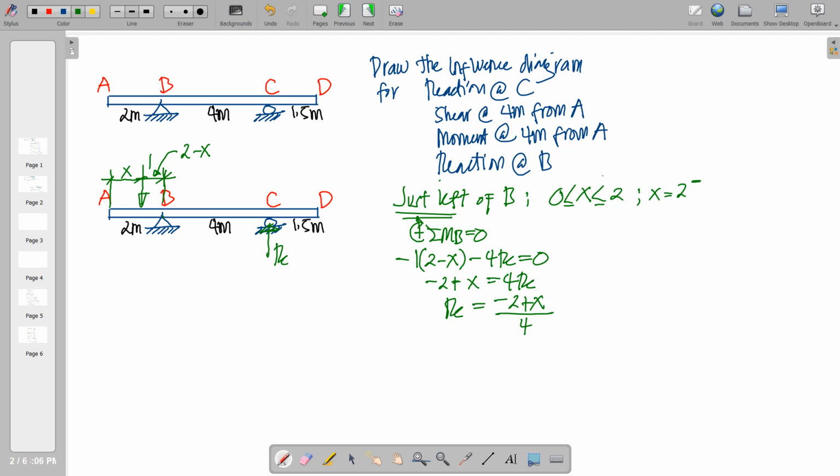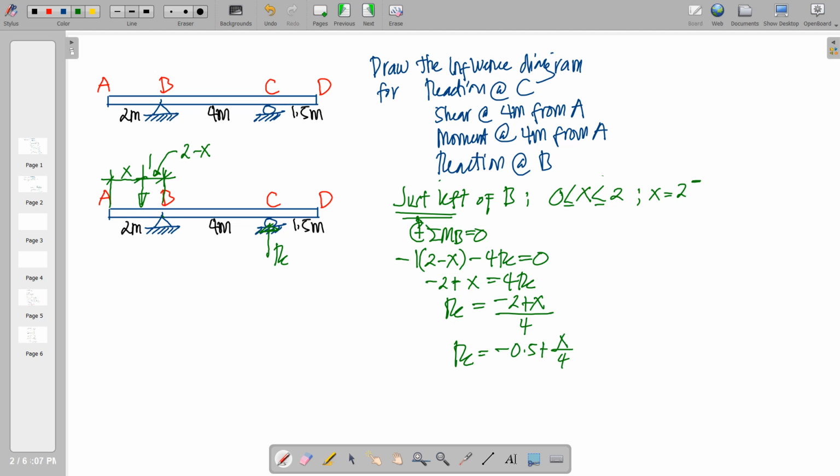By the distributive property of the denominator, the first term is 2/4, or 1/2. So that is negative 0.5 plus x all over 4. This is an equation applicable only from boundaries A to B, but not to exceed B.